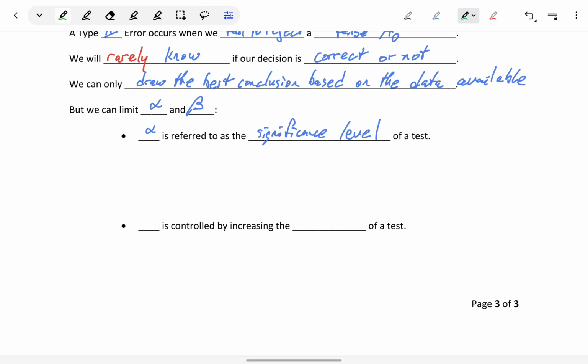And it's related to confidence levels that we had with confidence intervals. 1 minus alpha is equal to the confidence level that we were dealing with in confidence intervals. So alpha being equal to, say, 0.05 is the same thing as a confidence level of 95%.